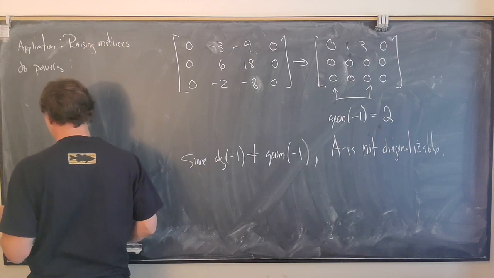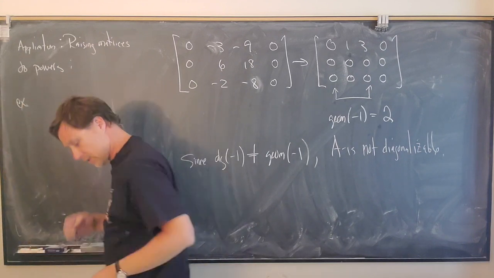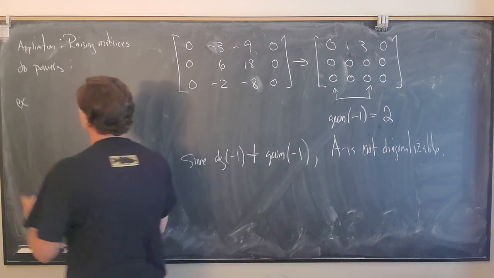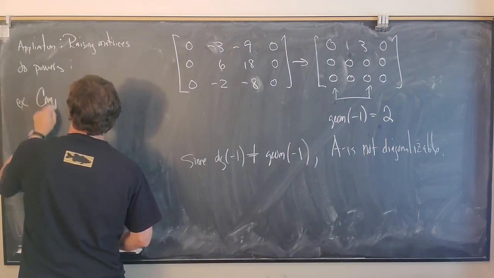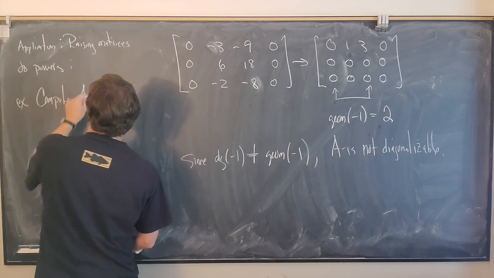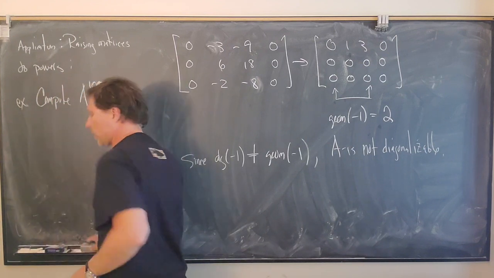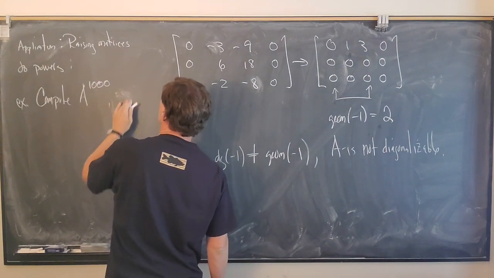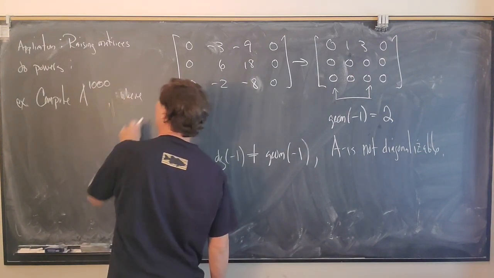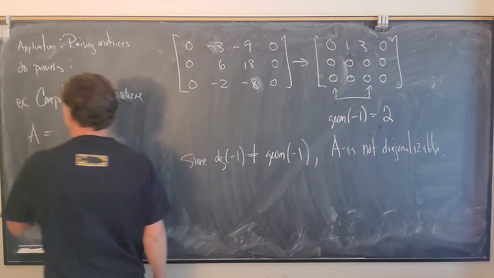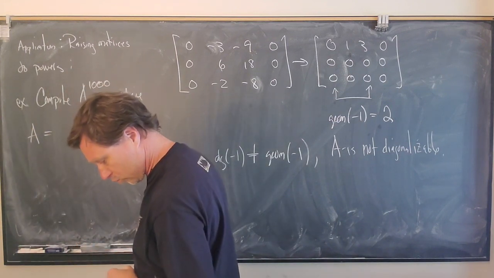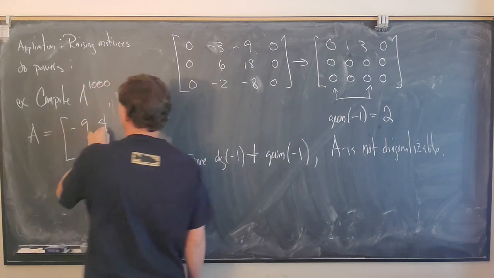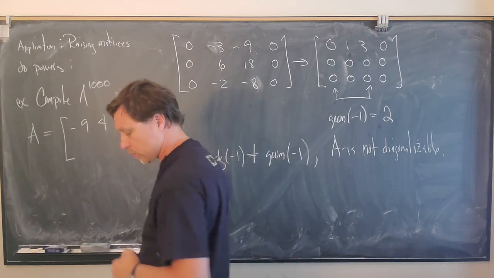What I want to do as an example here is compute A raised to the 1000, where A is the matrix negative 9, 4, negative 20, 9.